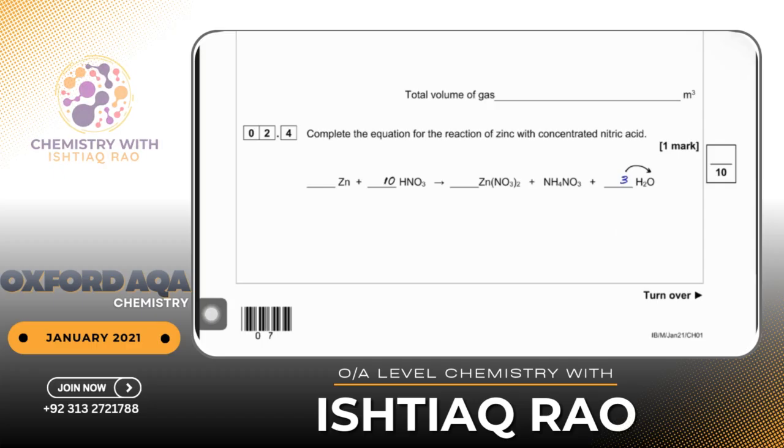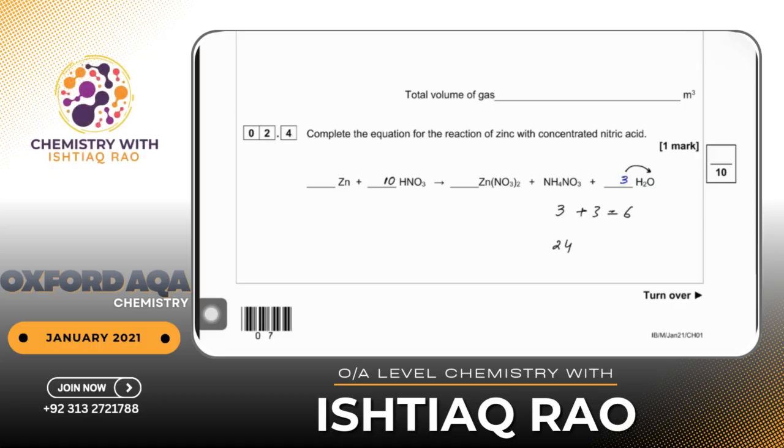So how many oxygens do I have right now? 30. So how can I make it 30? If I cannot write any number over there, it should be 3 and 3, 6. So I need 24 more oxygen atoms.